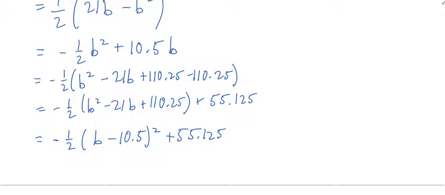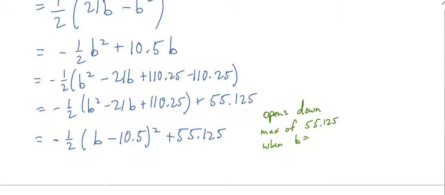Everybody okay? So again, this opens down because of the negative. So it has a max of 55.125 when b equals, when I shift to the right, 10.5.